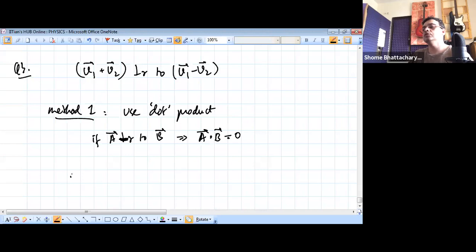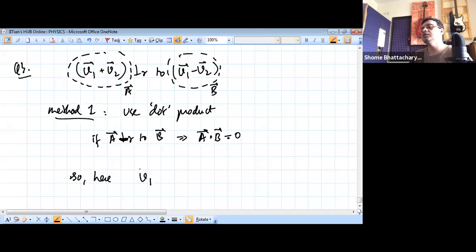So here, if you think of this as vector E and this as some other vector B, the condition for them to be perpendicular is that their dot product should be 0. So therefore, what should happen is that V1 plus V2, its dot product with V1 minus V2 should be 0, because they are mutually perpendicular.